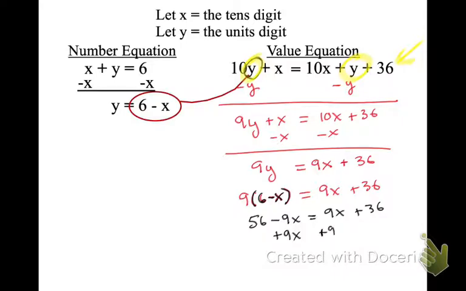9x plus 9x, getting 18x plus 36. Let's hope I'm getting this right. Minus 36, what am I doing wrong? Plus 9x, right? Minus y would be 9x.